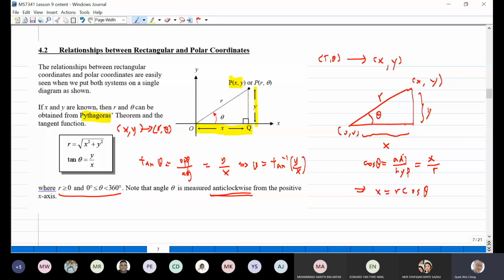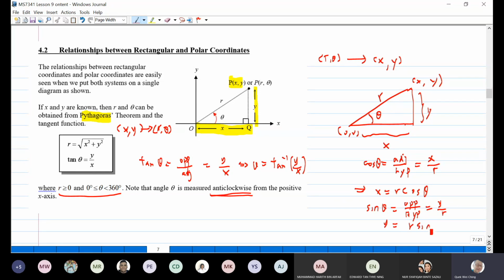Okay. Now if you do another one, sine theta is opposite over hypotenuse here. Opposite is y, the side opposite the angle. Hypotenuse is r. So from here, you get y equals r sine theta.